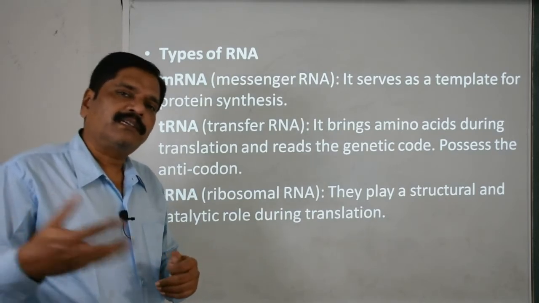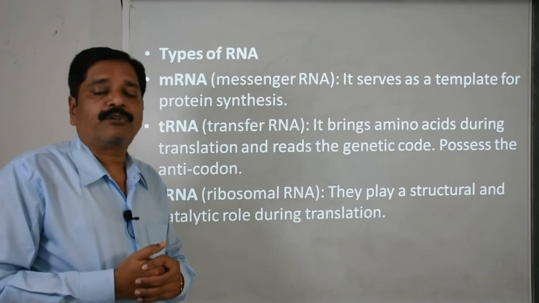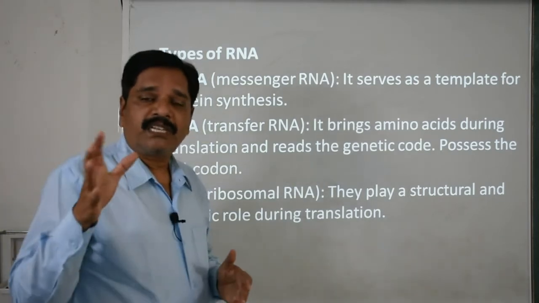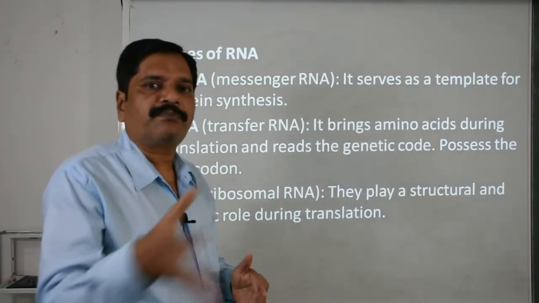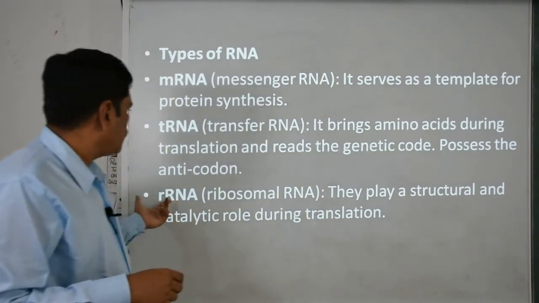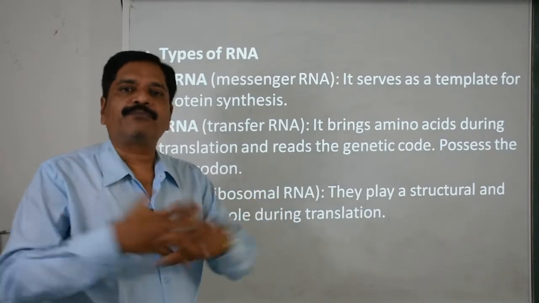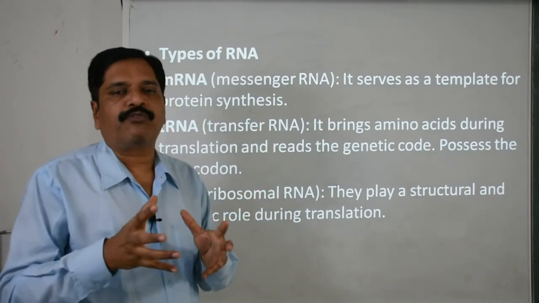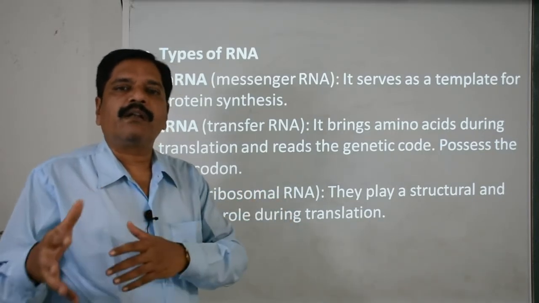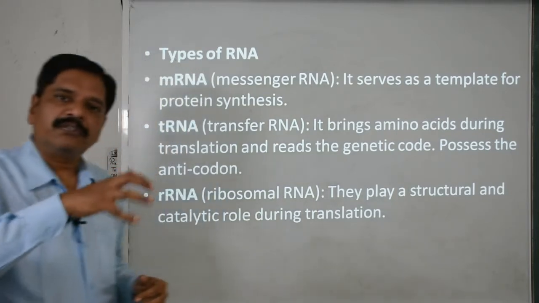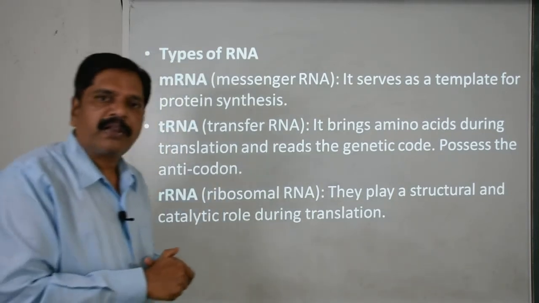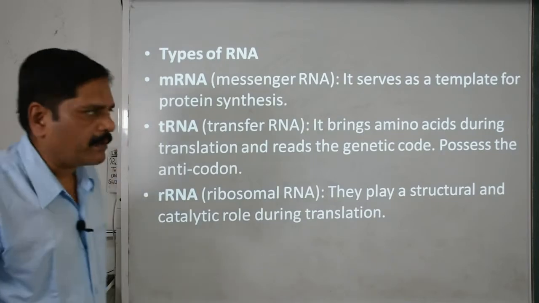It is considered as the transporter which transfers this amino acid from cytoplasm to mRNA. Then the rRNA, ribosomal RNA. This RNA is responsible to bind with the ribosome to form a ribosomal RNA unit to decode the information from the mRNA to synthesize a specific polypeptide chain.